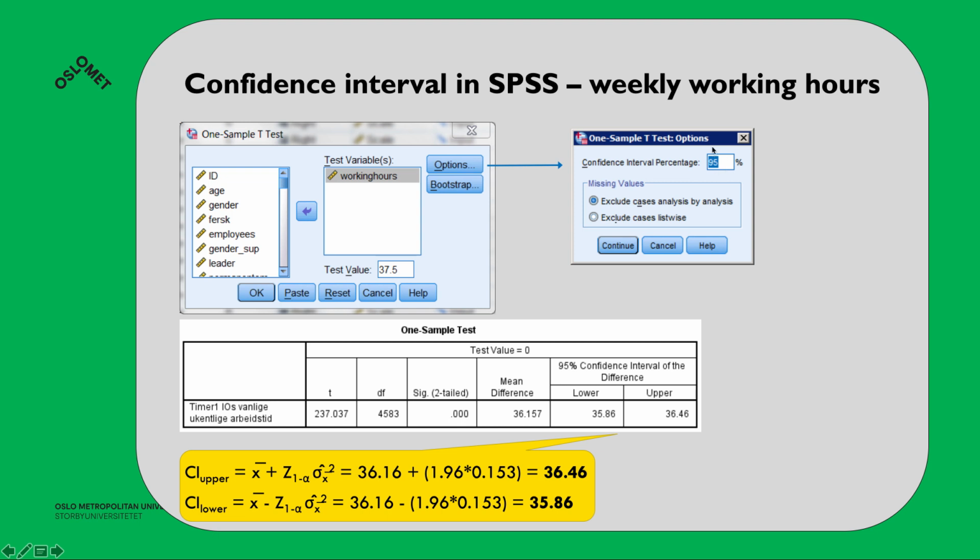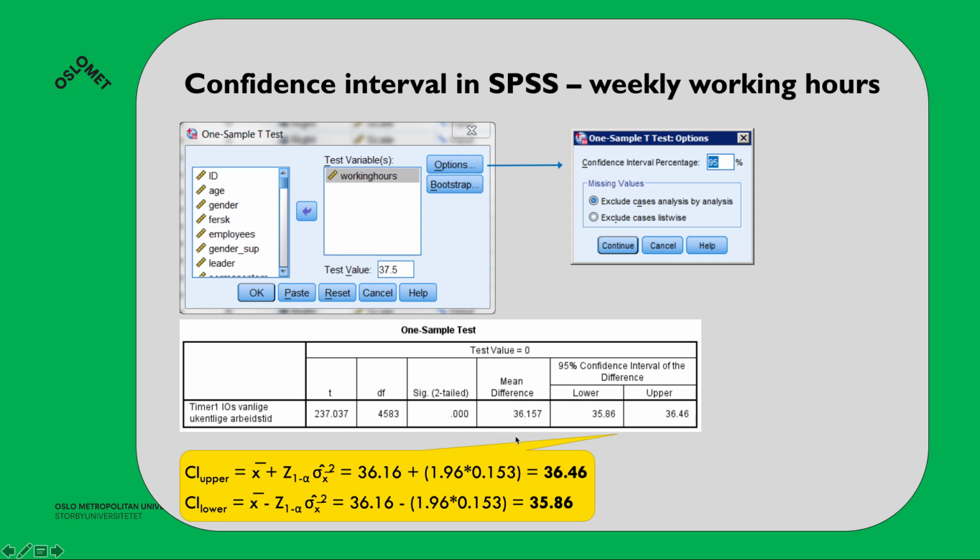And we could also ask SPSS to make a 99% confidence interval. We would still get the same mean, but we would get a confidence interval which is wider. And this is how the confidence interval is calculated. But of course, SPSS does this for us, so the most important thing is to know what the confidence interval is all about.